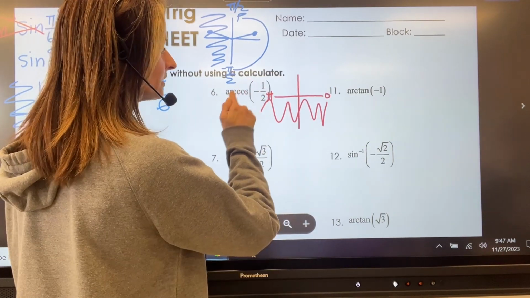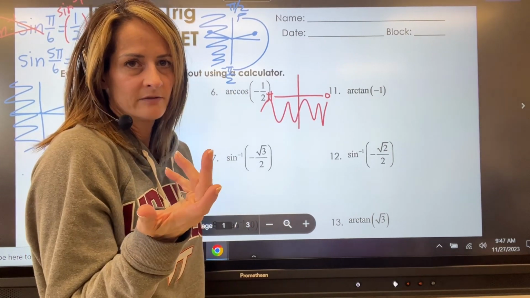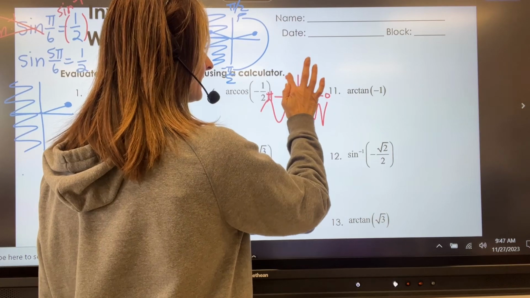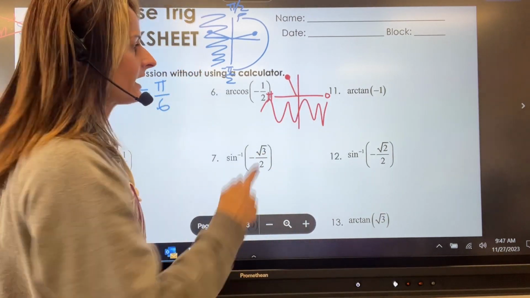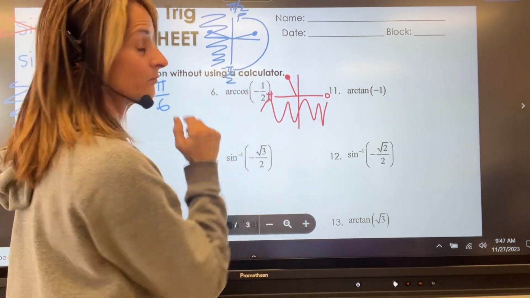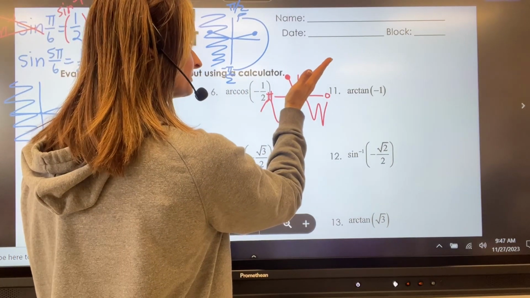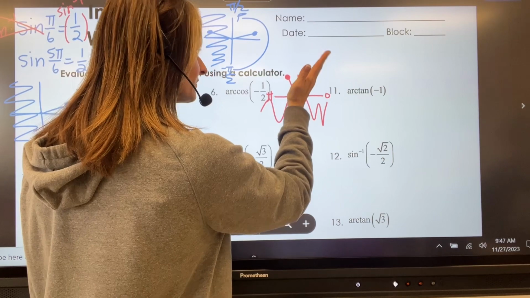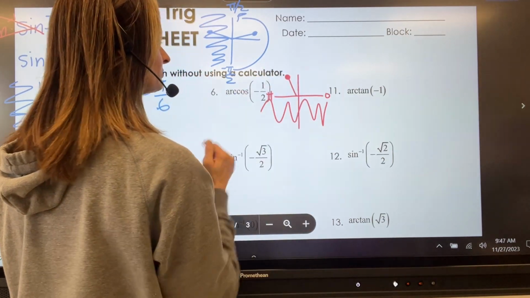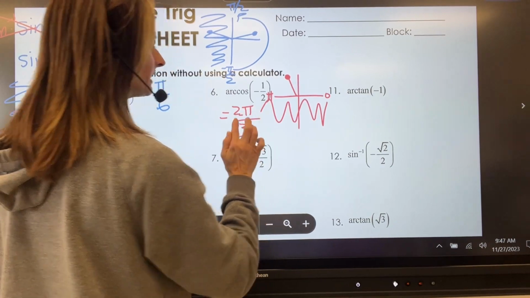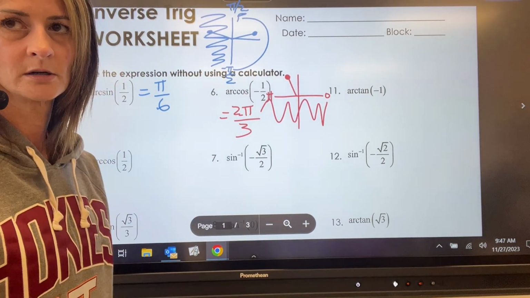Where's cosine going to be 1/2 or negative 1/2? That's going to be a tall angle, and if it's a tall angle, it's going to have a denominator of 3. That's going to be 1 pi over 3, 2 pi over 3. So this is equal to 2 pi over 3, and it goes a lot faster.